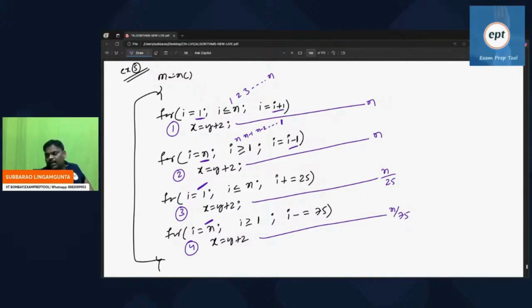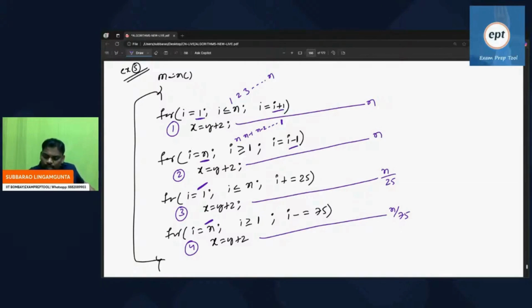Always incrementing by 25 or always decrementing by 25, both are the same. If I don't say this, you may feel that minus is different. No, whatever plus is doing, minus does the reverse. Suppose 50 plus 20 is 70, and 70 minus 20 is 50. One is increasing, one is decreasing.